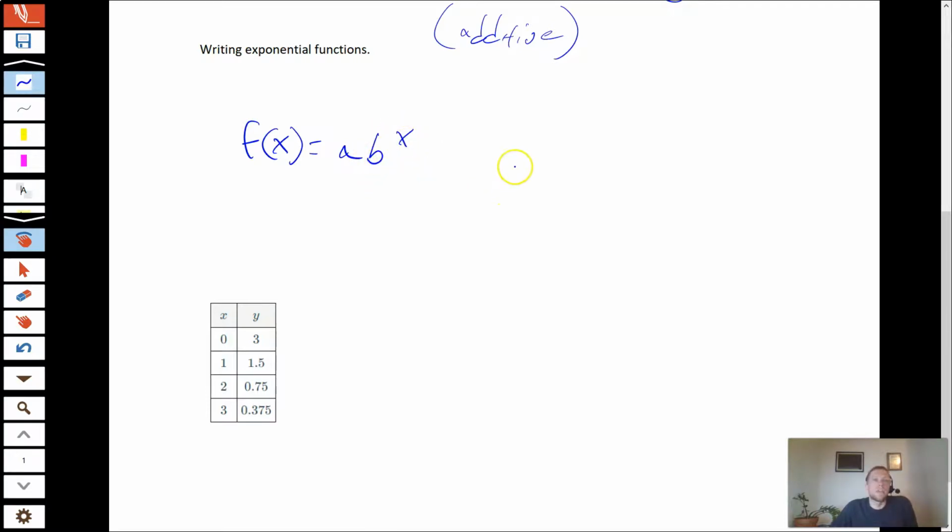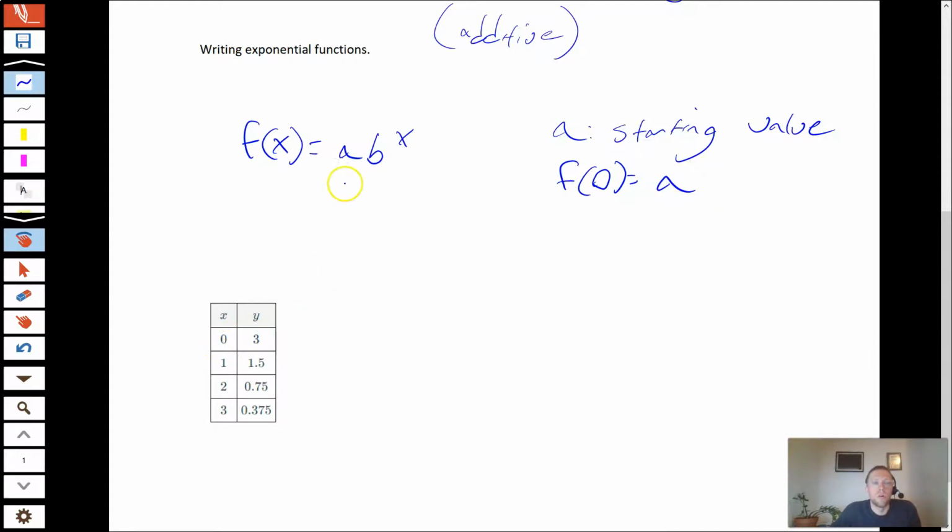Okay, and this is sort of similar to your y equals mx plus b form, right? So a is going to be your starting value. What I mean by that is it's sort of like your b in y equals mx plus b. So starting value. F of 0 is what gives you a.